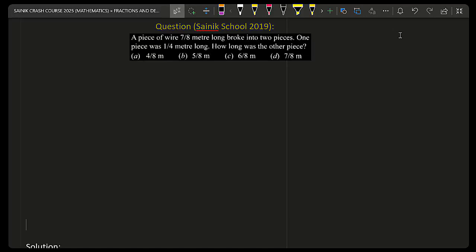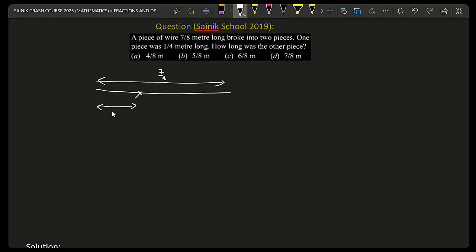One piece was 1/4 meter long. How long was the other piece? Okay, there is a wire. The length of the total wire is 7/8 meters. It broke into two pieces. Okay, so this is the first piece. What is the first piece length given? 1/4 meter, right?